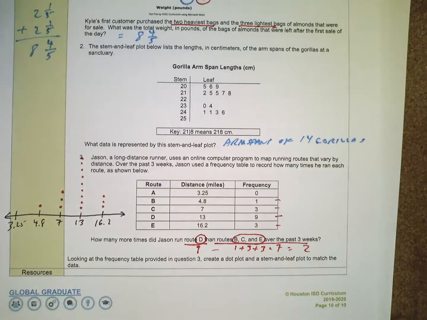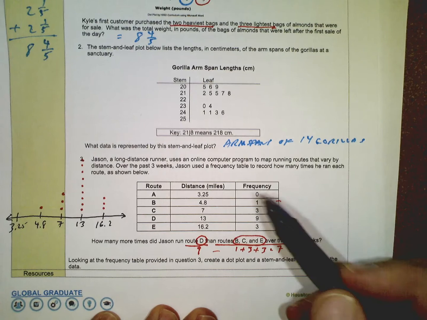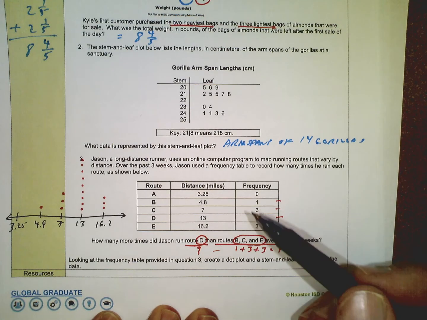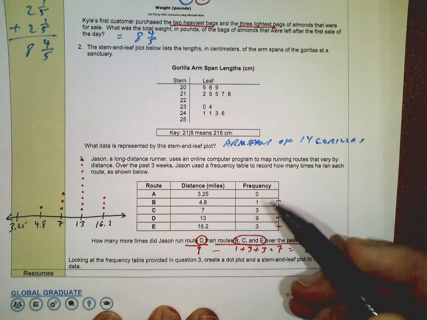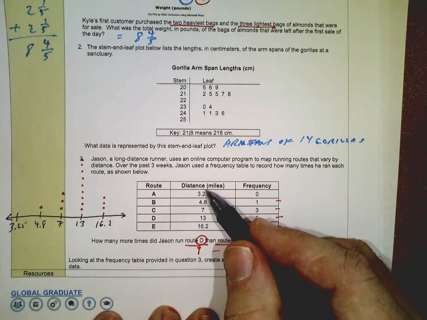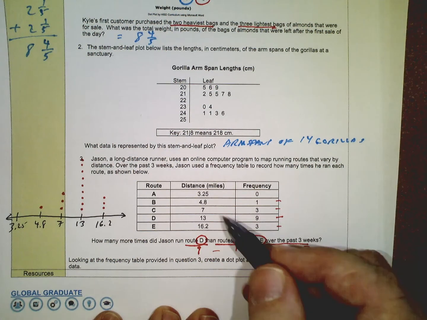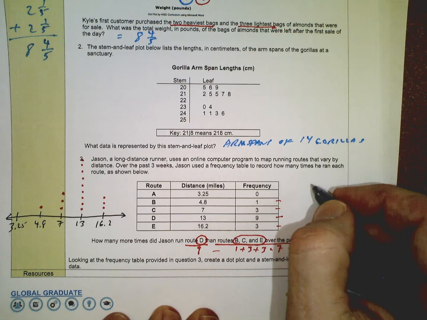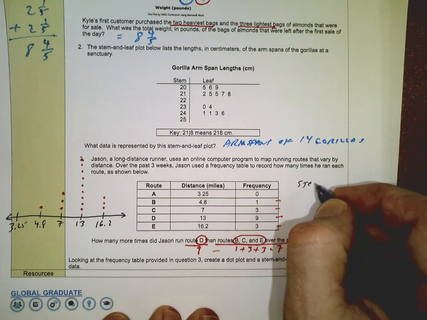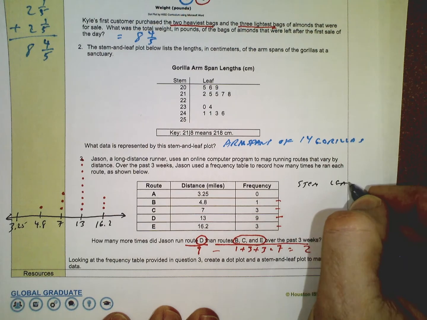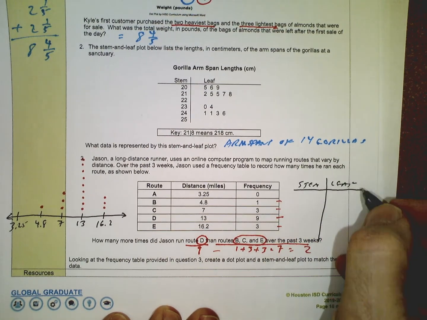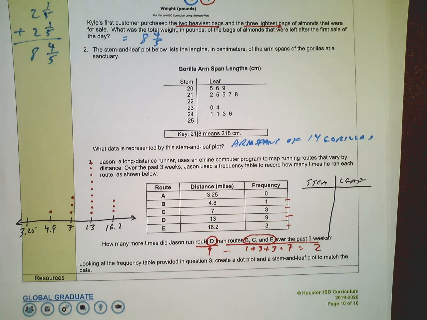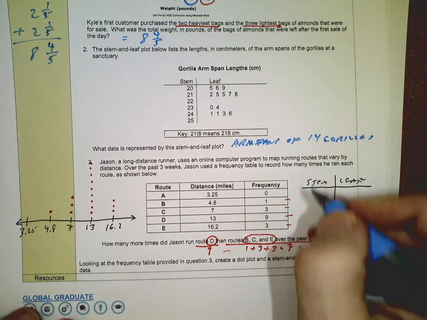Now, let's look at what it would look like as a stem and leaf plot. All right, what we should do here, we have whole numbers and decimals. So what we'll do is we'll use the whole numbers as the stem and the decimals as the leaf. So we do stem and leaf. All right, and then we have que es igual a tallo y hoja.